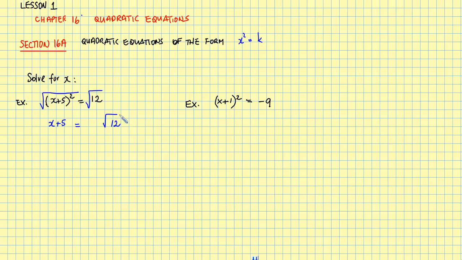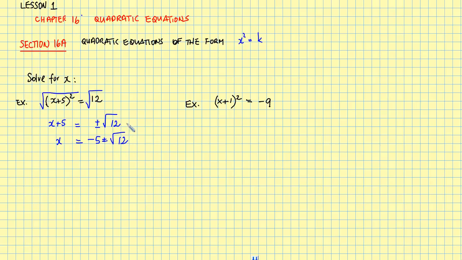I have to keep in mind that it's going to be the positive or the negative root of 12. I'll explain that in a second, but to isolate x, we bring that 5 over to the right-hand side, so we're left with negative 5 plus or minus root 12.